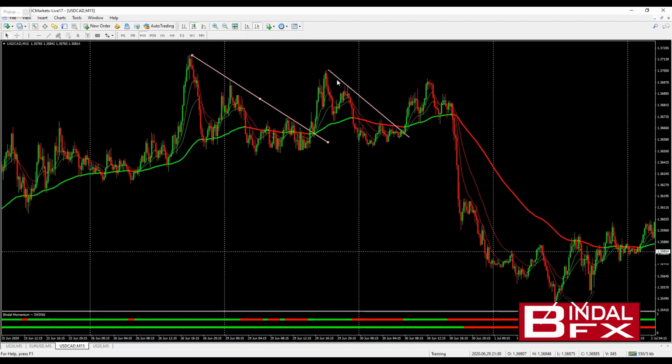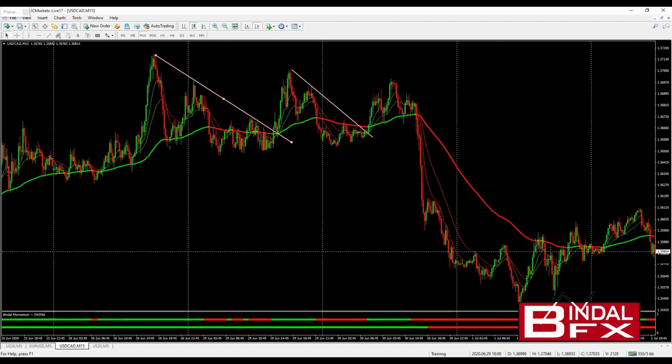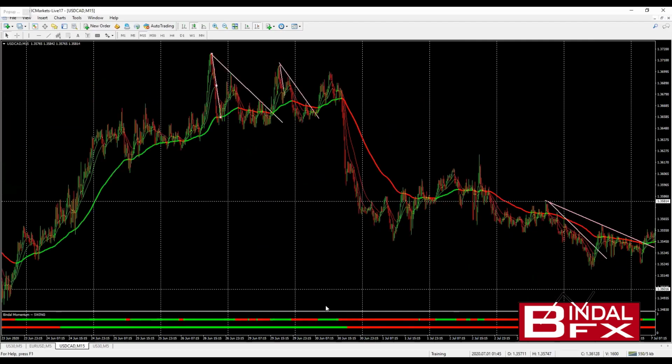Now, the best way to pick this up and not get sucked in to something like that is how you position your charts, how you're looking at your charts. When I look at my charts, they are like this by default.